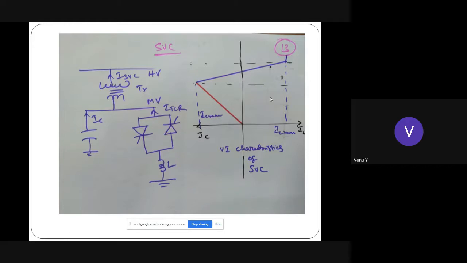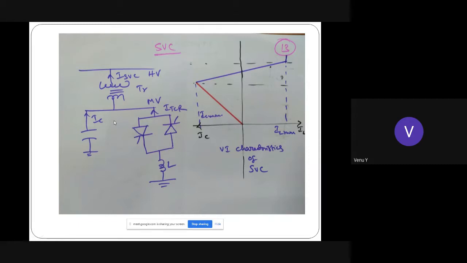Thereby, you can go for the latest model or modern controller, that is the converter-based controller, STATCOM. So this is the functioning of the SVC. This coupling transformer will reduce the operating voltage of the SVC, which is highly demanded. All right. An anti-parallel combination of thyristors will provide the controlled inductive current, which will compensate the capacitive current.